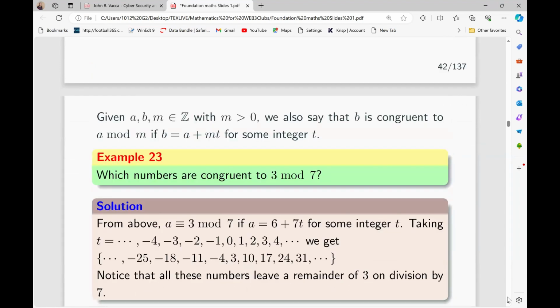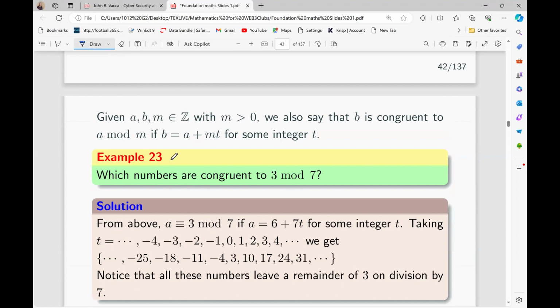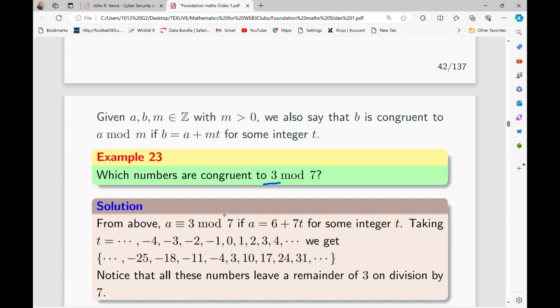Now look at this example. This example wants us to tell which numbers are congruent to 3 mod 7. There are many ways of looking at this question.